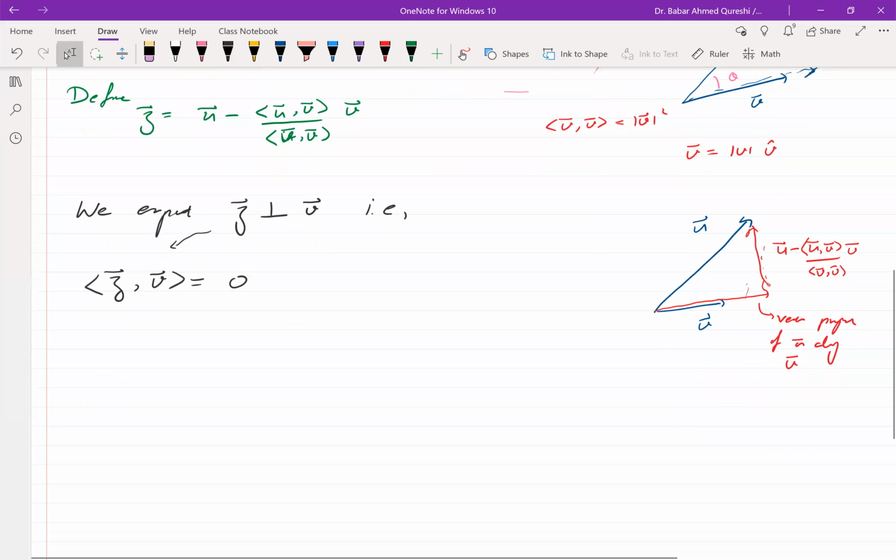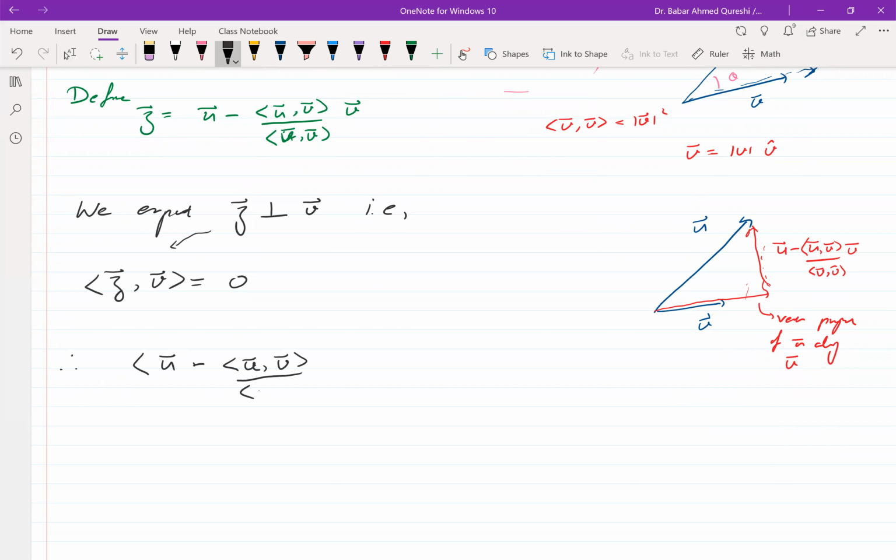So if this is true, if I open it up, I have this guy, and this whole vector has its inner product computed with v.